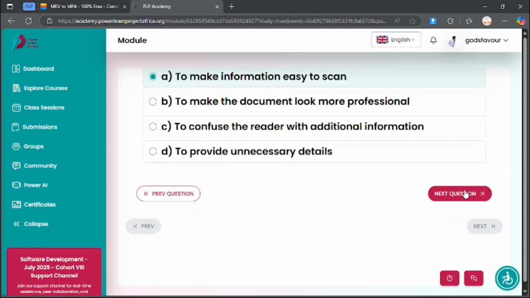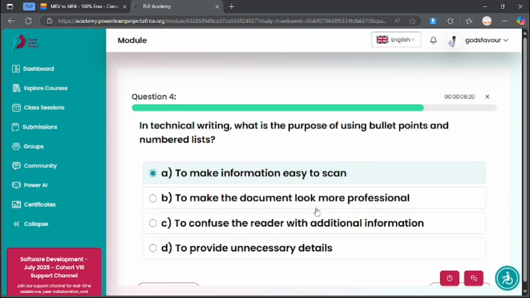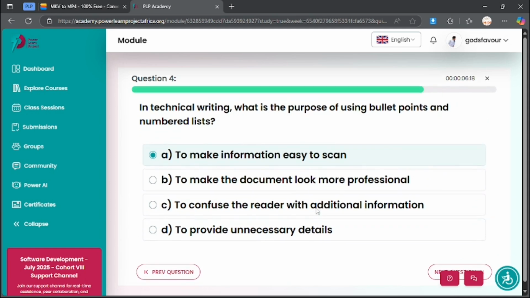In fact, I don't know why they actually put something like this. Bullet points and numbered lists are used in technical writing to break down information into manageable pieces, make content visually clean and easy to follow. It also helps users to quickly locate the info they need, and it makes it easier to emphasize steps, features, options, and requirements, especially when readers are in a hurry, which in fact most readers are.